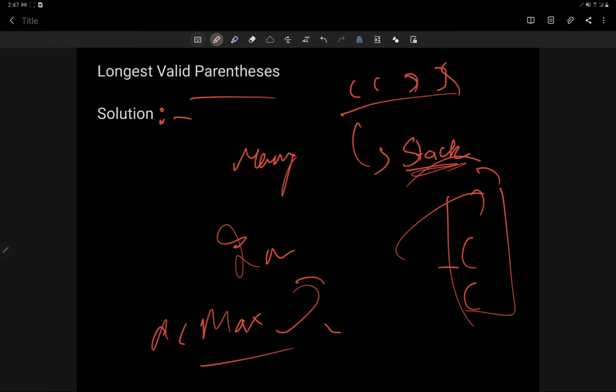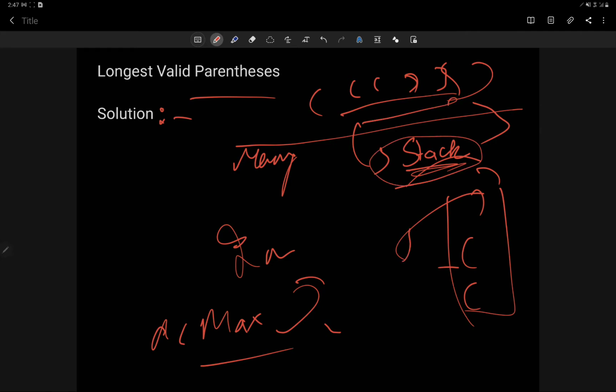So how are we going to optimize it? It's understandable from the question that given any string, we have to traverse it in order to get the count, no matter the approach. In this approach we are using traversing as well as a stack.